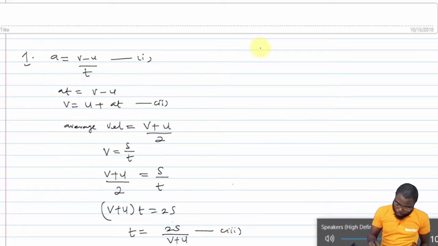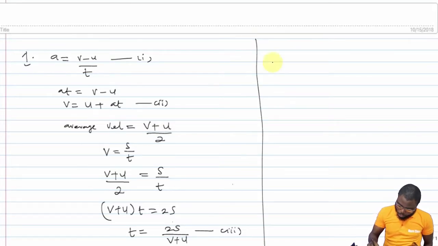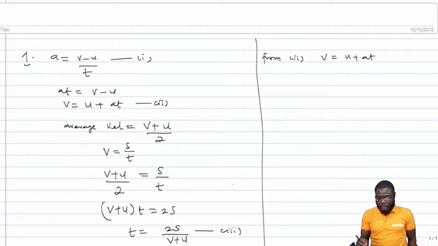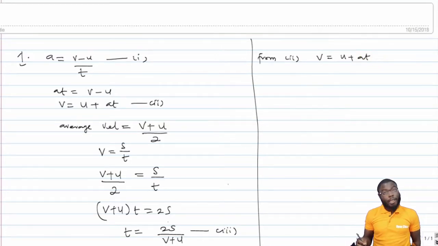Okay, now from equation 2, you have V equals U plus AT. Now in place of T, substitute equation 3.